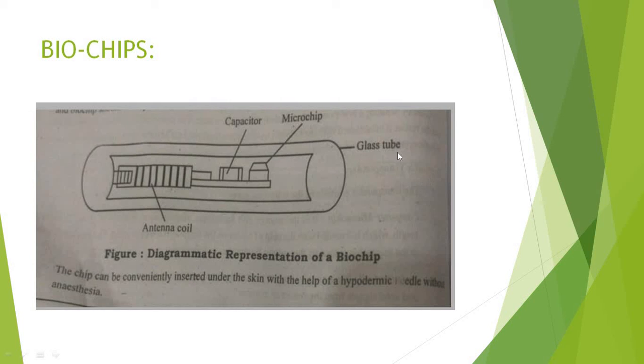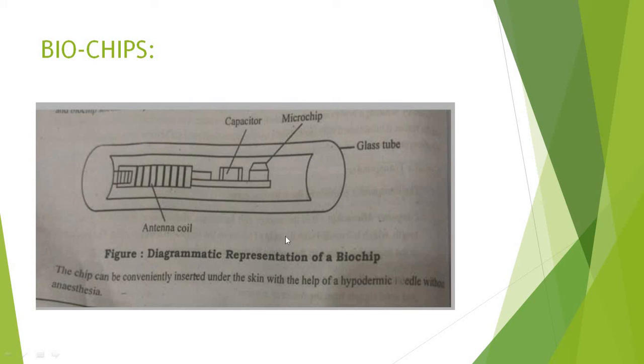This glass tube is enclosing this microchip, antenna coil, capacitor assembled in this airtight environment of this glass tube in such a way that the body fluid should not come in contact with the electronic parts here.